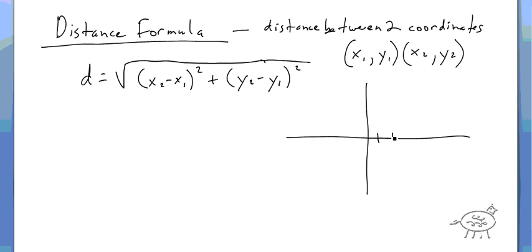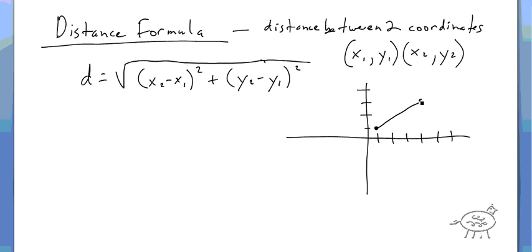if I would label some points here, here's a point, and let's call that our x1, y1. And then I'll do a point right over here. So I want to find the distance between these 2 points.